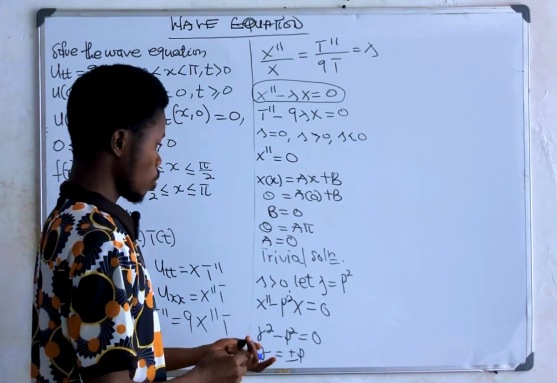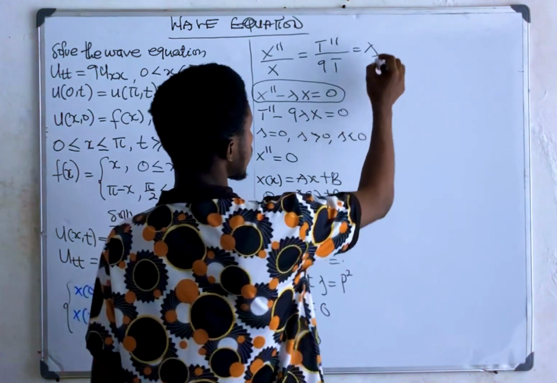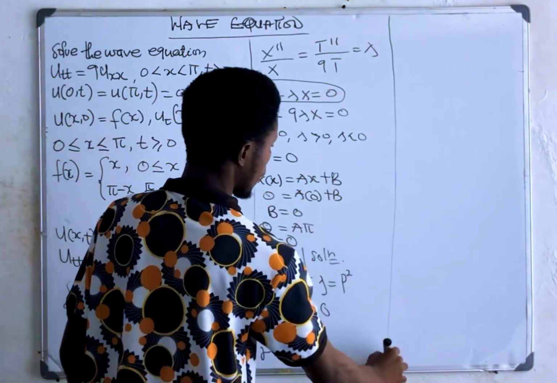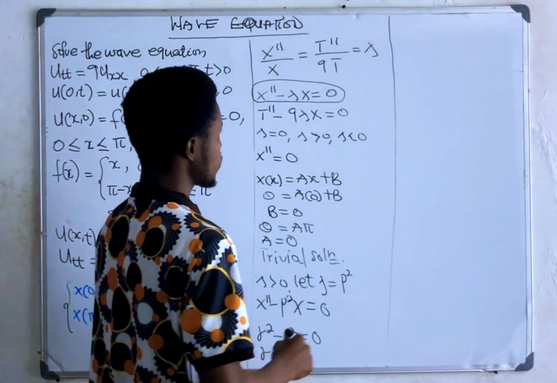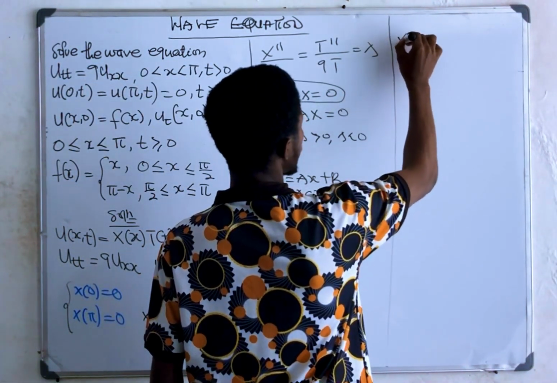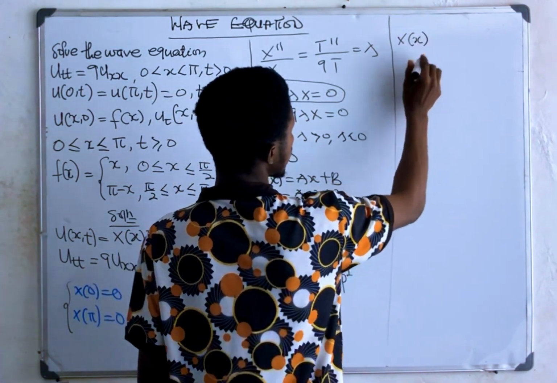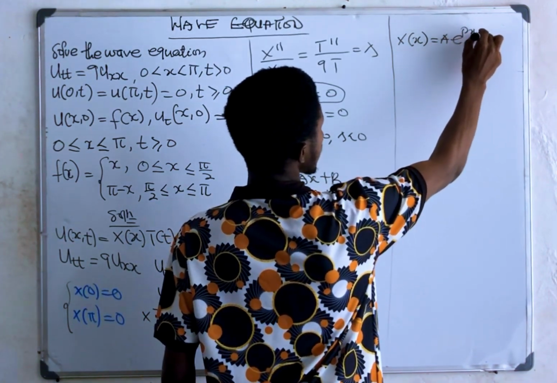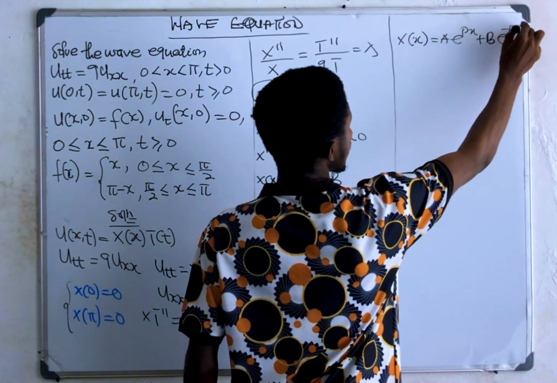Good. So you're going to write the solution for this. So the solution is going to be X of x is equal to a e to the px plus b e to the negative px.